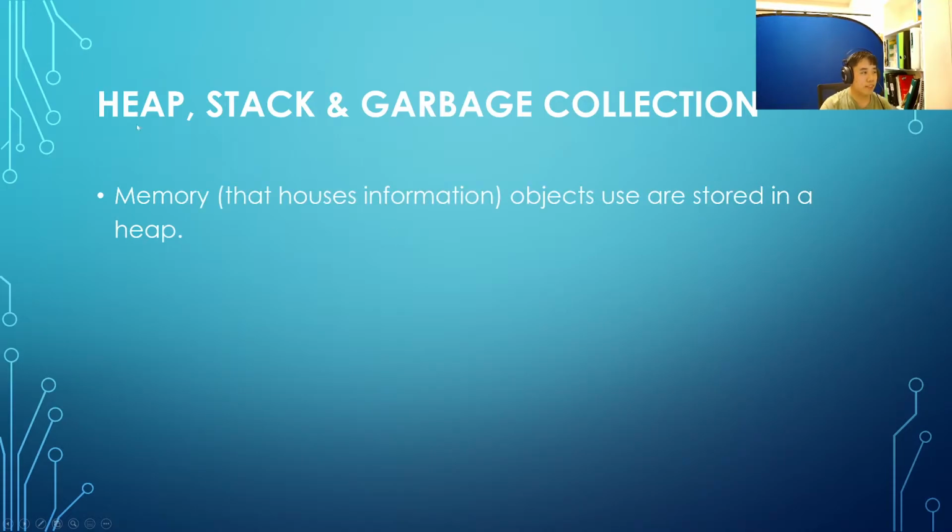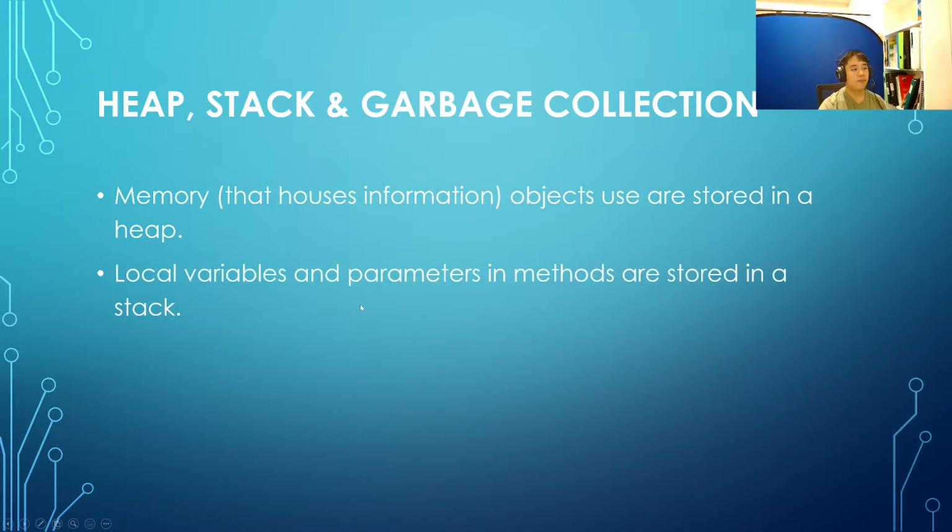Some things about the heap, the stack, and the garbage collection in Java: firstly, the memory, the information of objects that will be used, is stored in a heap. You can search up the data structure called heap. This is a data structure, and we may be learning this in the next semester, so keep your eyes peeled.